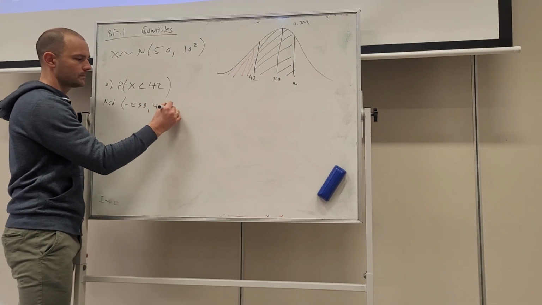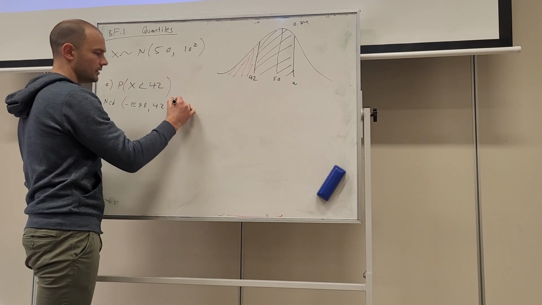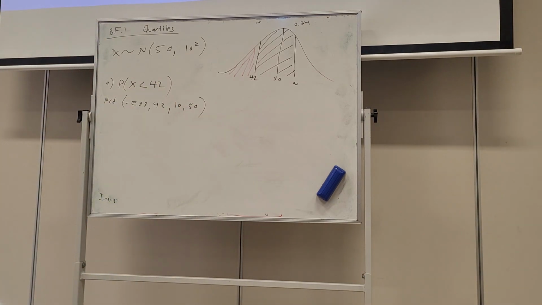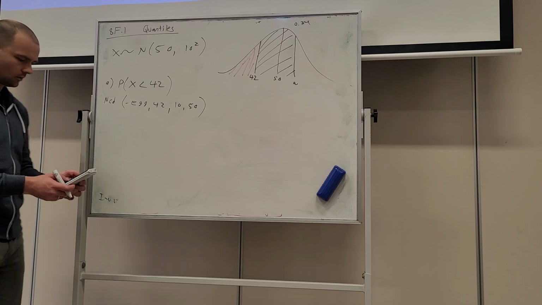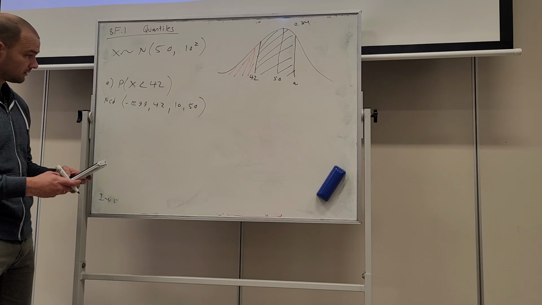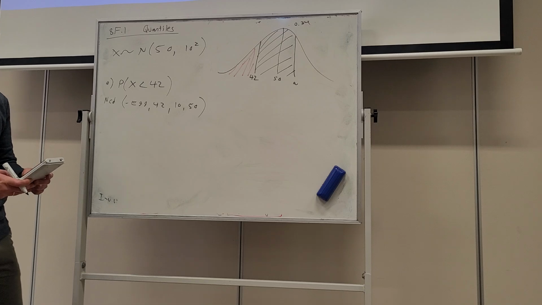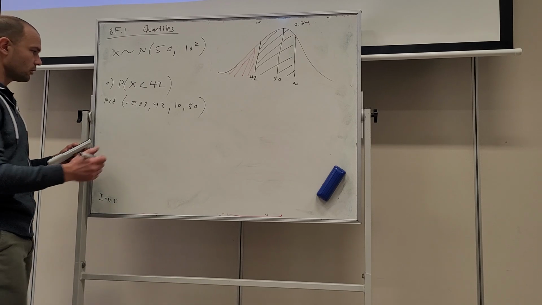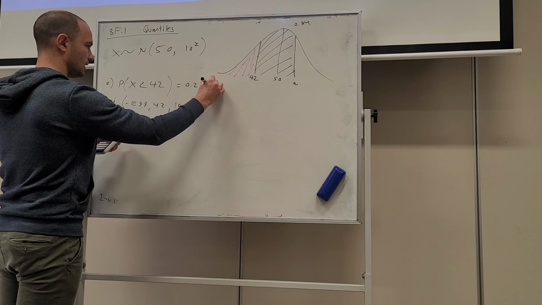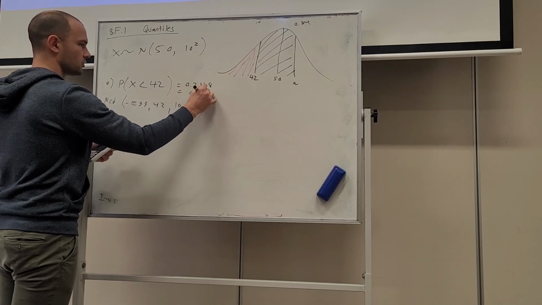Our upper boundary is positive 42. Our standard deviation is 10 and our mean is 50. So you can type it in your run map, you can type it in your stats mode, it doesn't matter. Alright, so typing that in, minus infinity, positive 42, 10 and 50, 0.212.